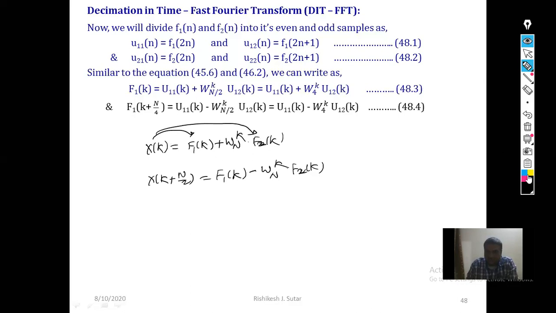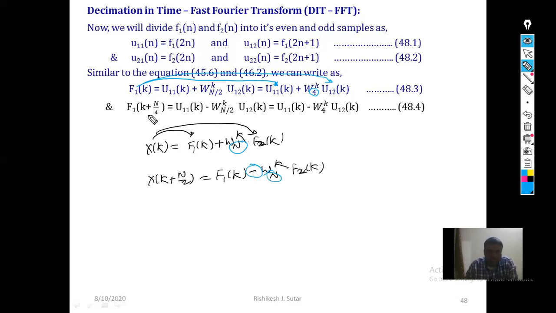Here we are dividing f1 of n into u11 of k and u12 of k. Here X of k was an 8-point DFT, so it was 8. Now here F1 of k is a 4-point DFT, so we are writing 4 here. Similar to this, if I go for the shifted or delayed version of X of k, you can see here we are just adding a negative sign, and here N equal to 8.